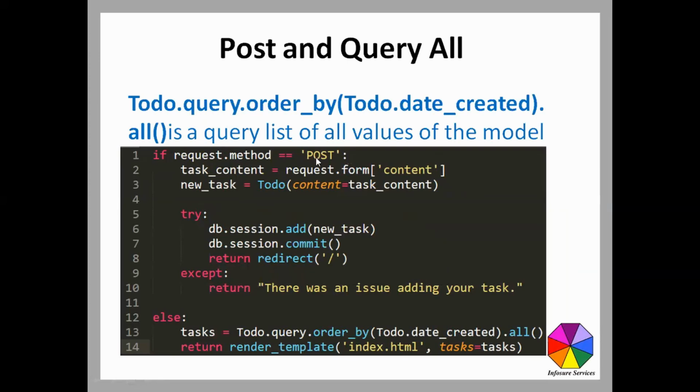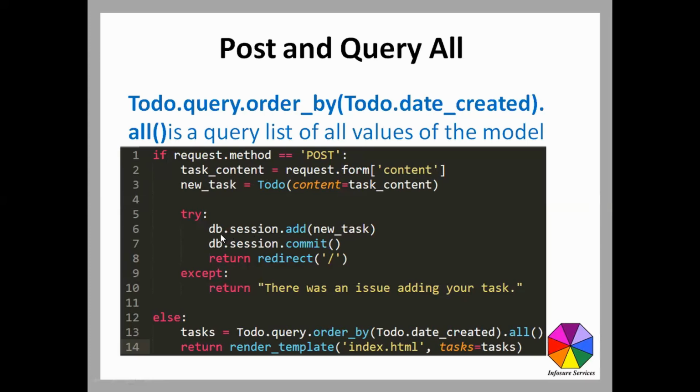If request.method is equal to post, then it reads the form value, request.form, the text field called content, which is fetched into my task content and passed to an object of the class. That means new task is equal to ToDo, which is my class. The content is added as a new value, new task. And then db.session writes to a database.